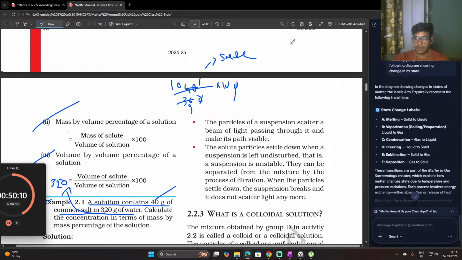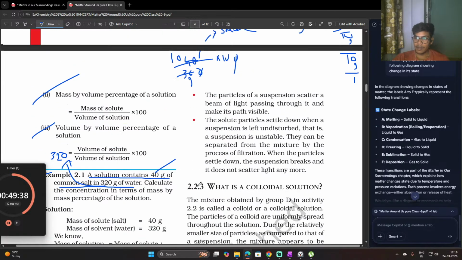So here is 100 divided by 9. If we divide by 9, 1 nines are 9, 10, 1 nine is 9, 1 point, so it will go like 11 point something.